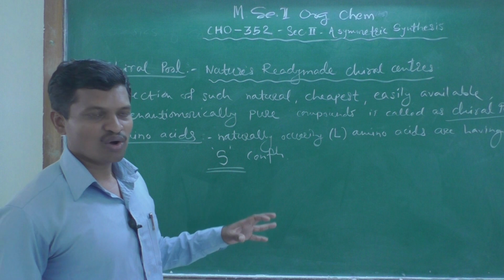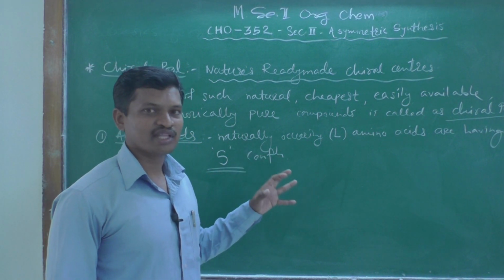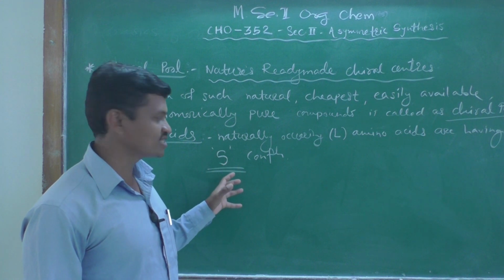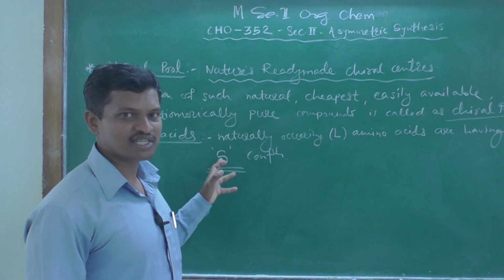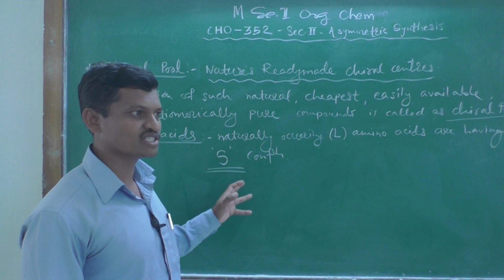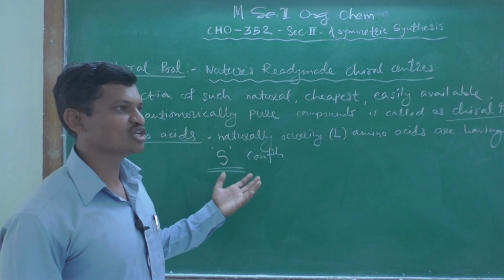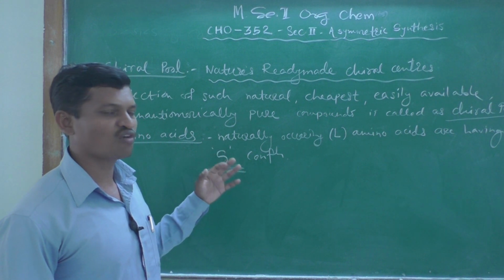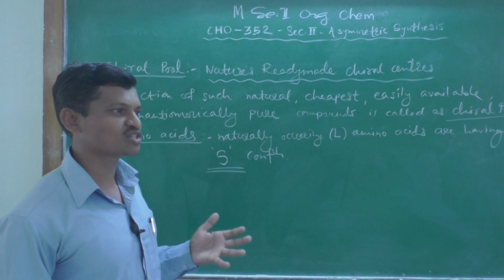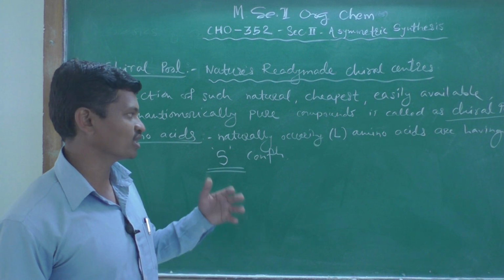So all naturally occurring L amino acids have their absolute configuration as S. In this case the stereochemistry of the starting material, the amino acid, is fixed, that is, all have S configuration. So ultimately the derivatives formed by using these amino acids must have S configuration in their reactions or in their product.